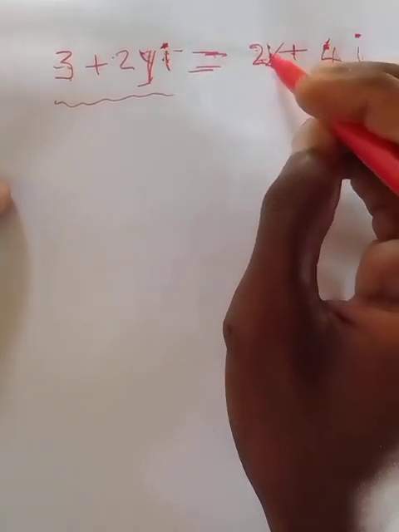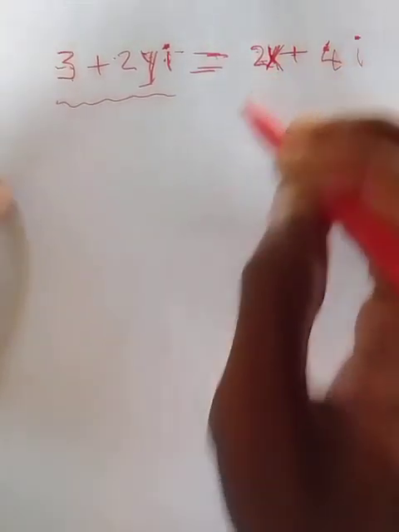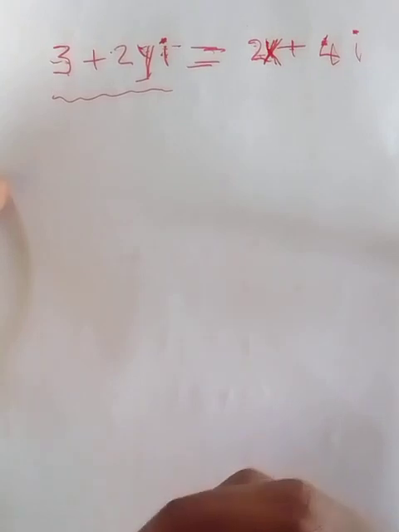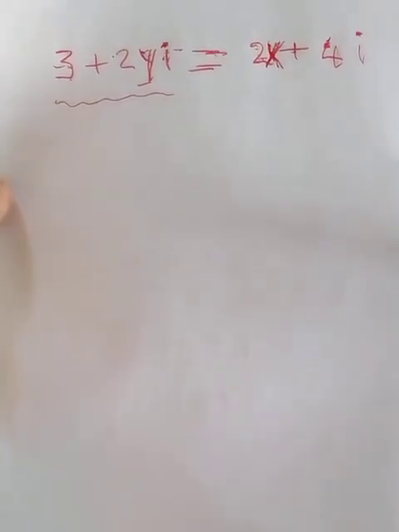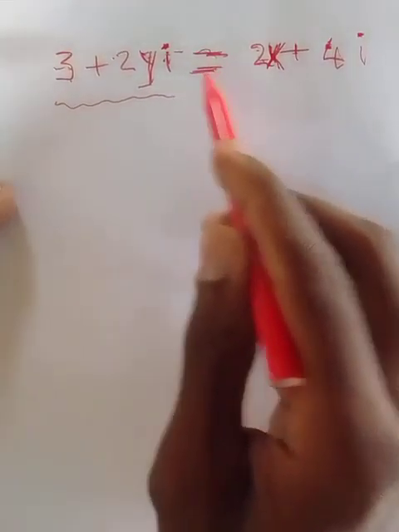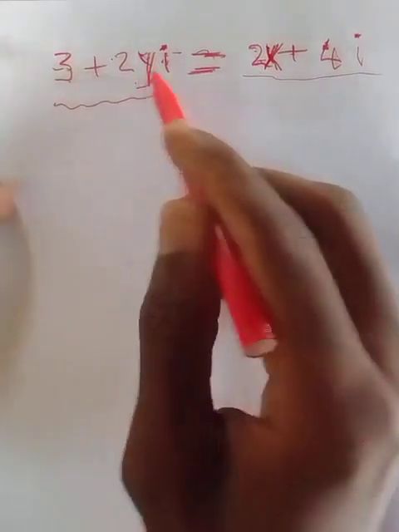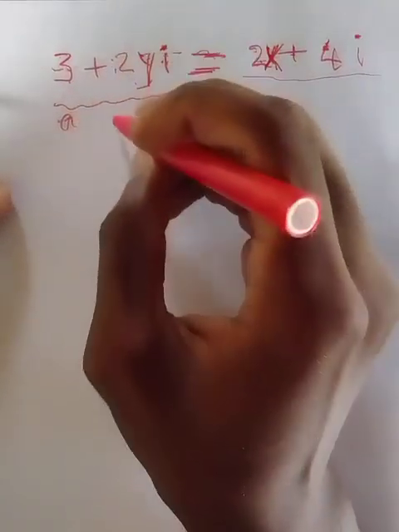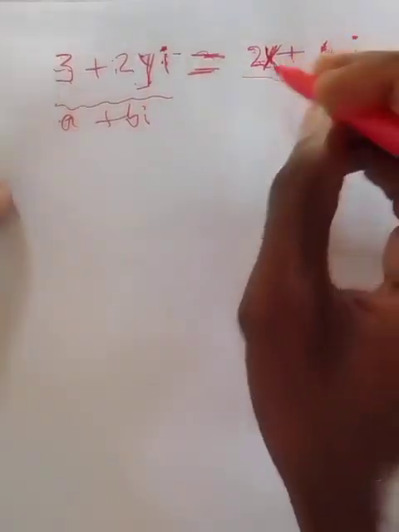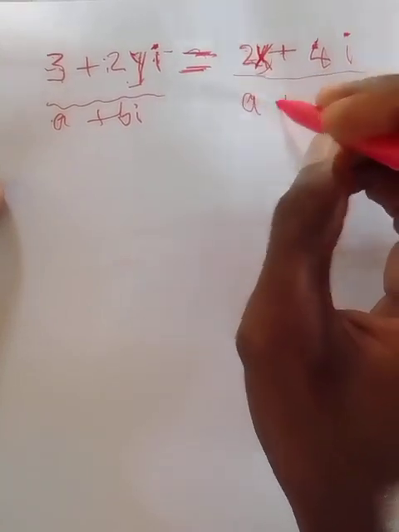Every time you see an equal sign being used on two complex numbers, you consider this to be your a, and this is your bi. b can be any number, like I said.